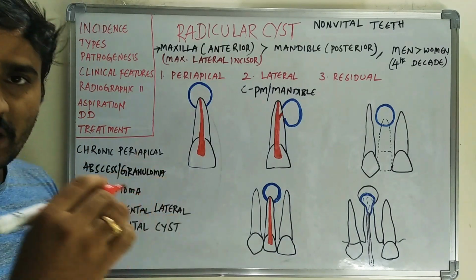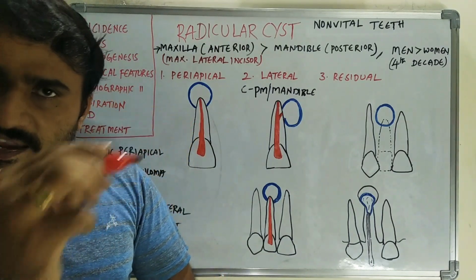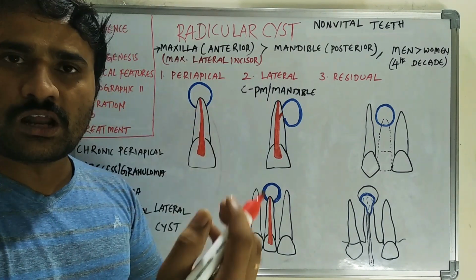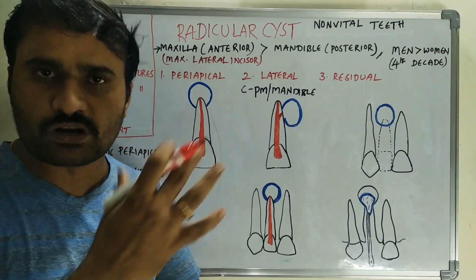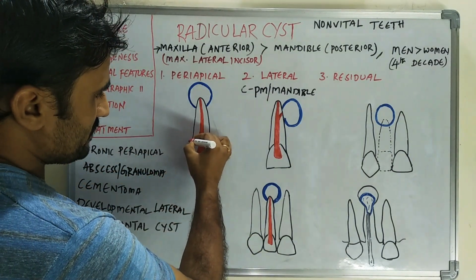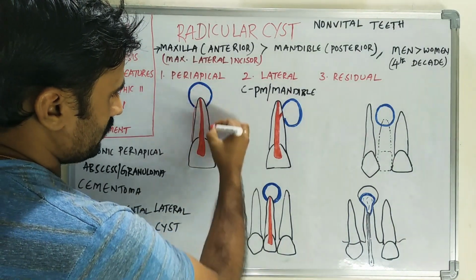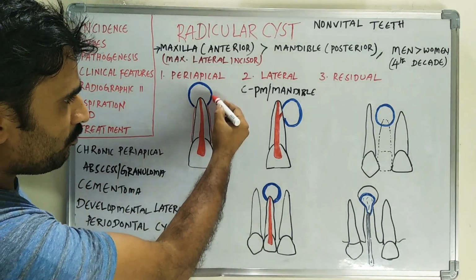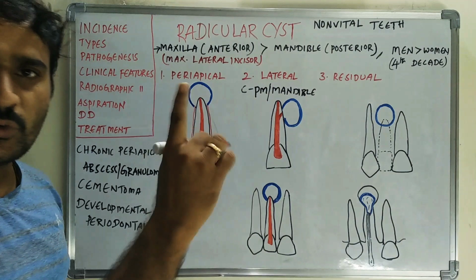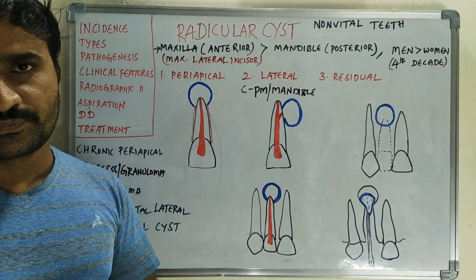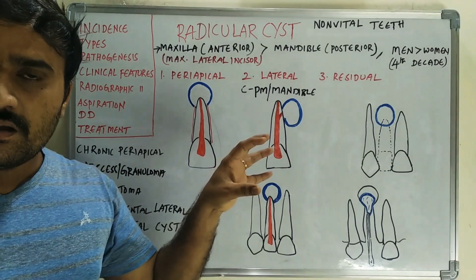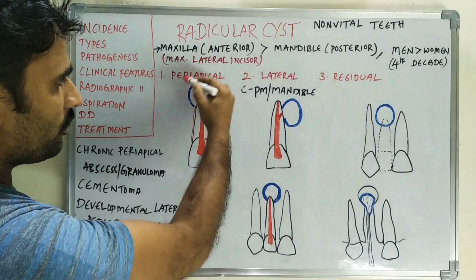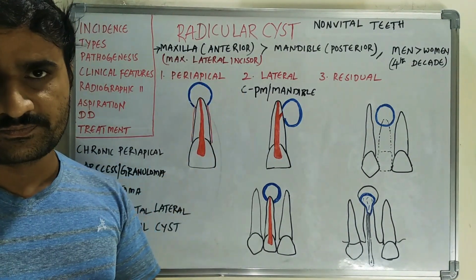You know that lamina dura is nothing but a radio-opaque line surrounding the tooth root in the alveolar bone, seen radiographically, right? This is the lamina dura, okay? So the cyst border is in continuity with the lamina dura. That is the most important thing. And in the cystic region, there is loss of lamina dura. You can't see lamina dura apically, which is involved by the cyst. That is the most important thing.